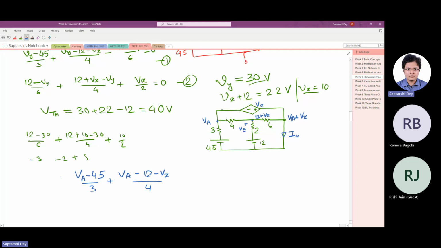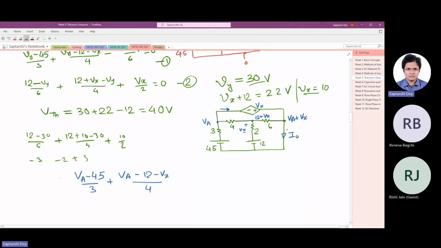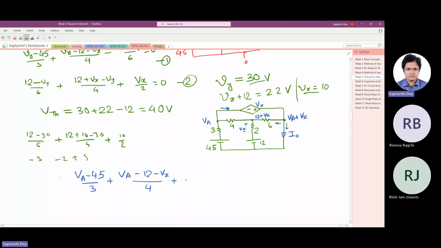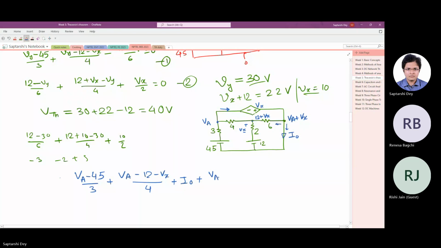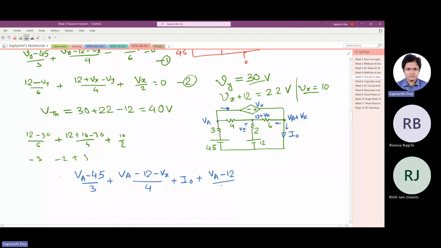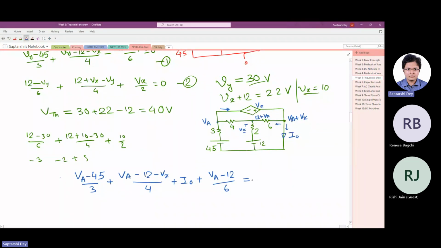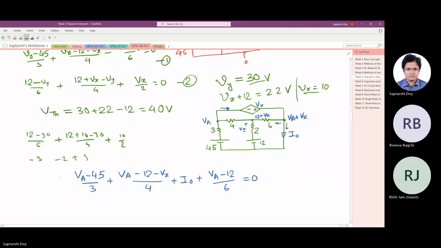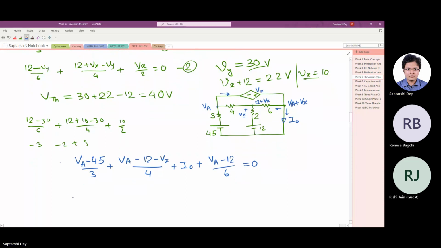We have to find out this current. This current is basically, if you apply KCL here, I naught plus this. So I naught plus that current is VA plus Vx minus 12 plus Vx, so VA minus 12 by 6 equals 0. This is one equation.